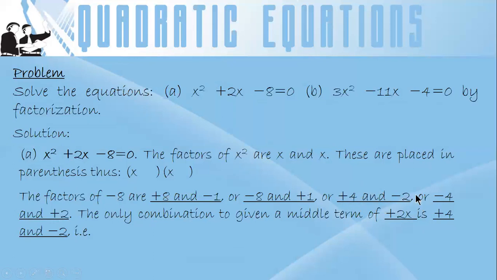The only combination that gives a middle term of positive 2x is positive 4 and negative 2. So we substitute positive 4 and negative 2.